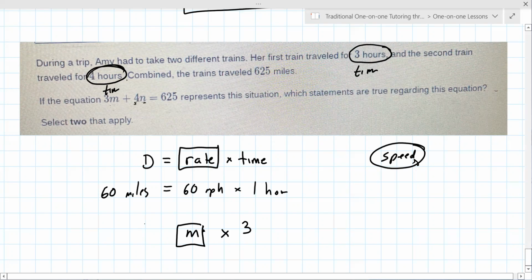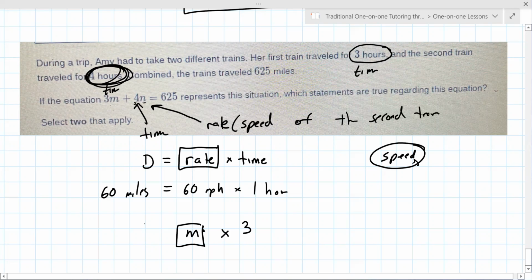Okay, it says 4 hours. Oh, that means the time. So 4 is the time, and n is the rate. But more specifically, they call it speed. They say it's the speed of the second train.